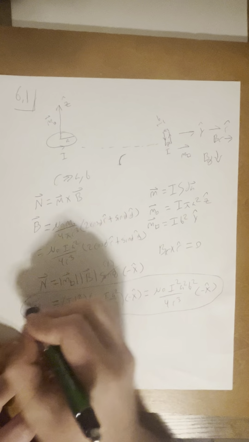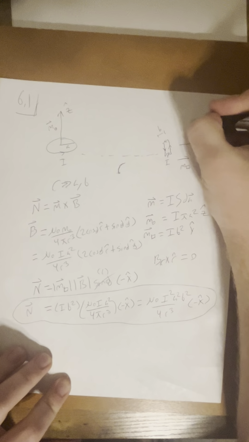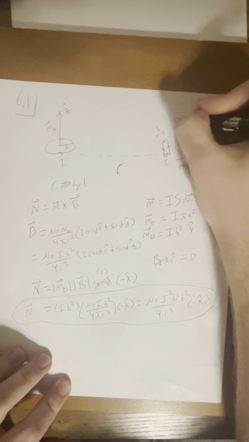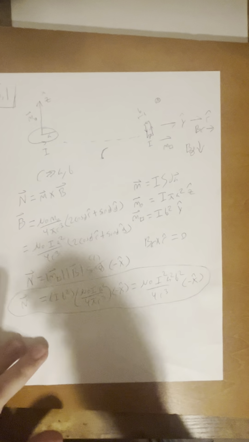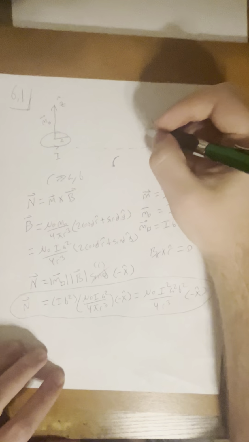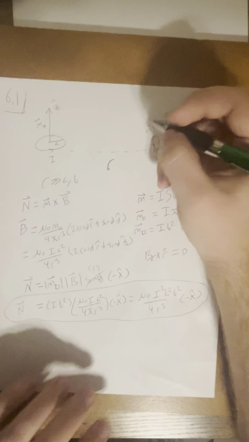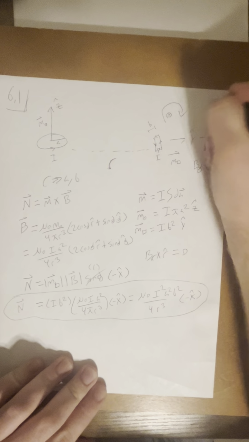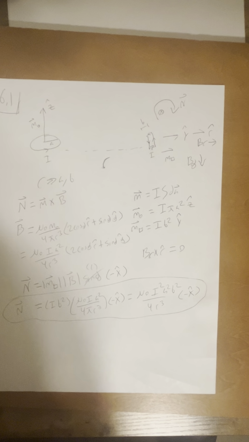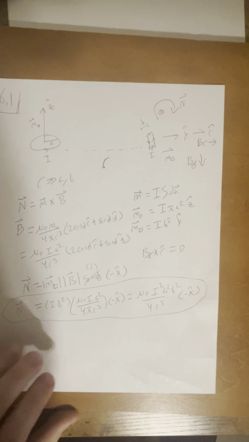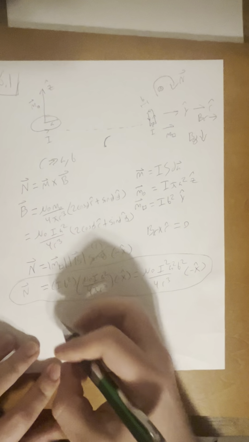Now we need to visualize this. Our torque is pointing into the page, so we know that the rotation will be curled around, so the torque will be moving as so. So that's our torque. What this is going to do is cause the square loop to reorient itself.